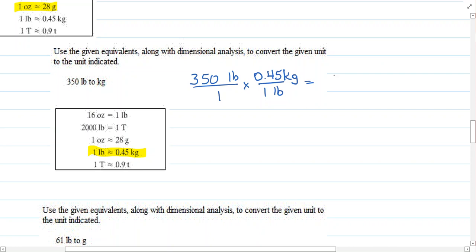So that gives me 350 times 0.45 kilograms. Now I'm going to use my calculator.